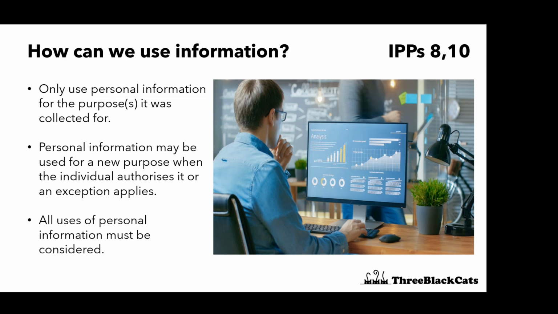We can also use it if it is aligned with one of the purposes for which we collected it in the first place. So it might be that we said we will collect your information using an online form, and now we're like, oops, we forgot to mention the paper form. It's close enough that people's expectations are that it's similar enough. Going forward, we might want to remove the word online, and just say through a form.